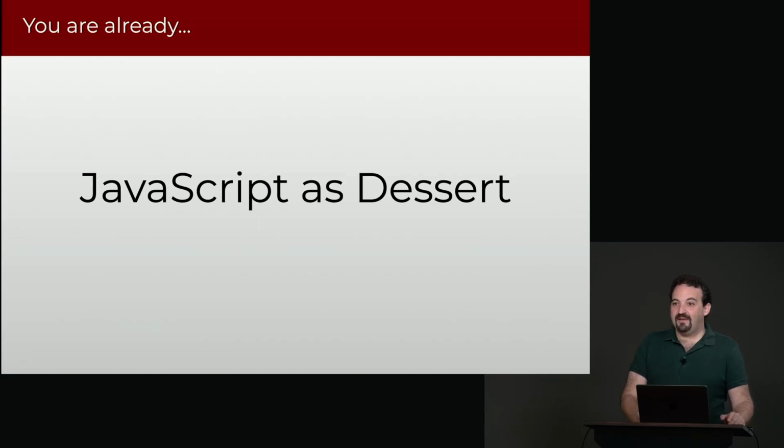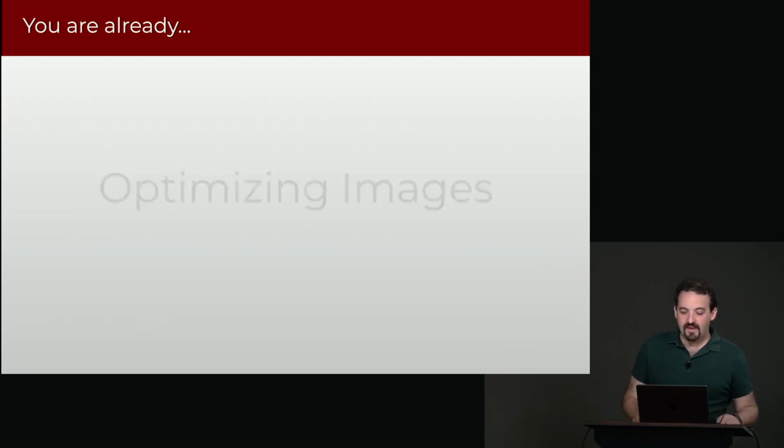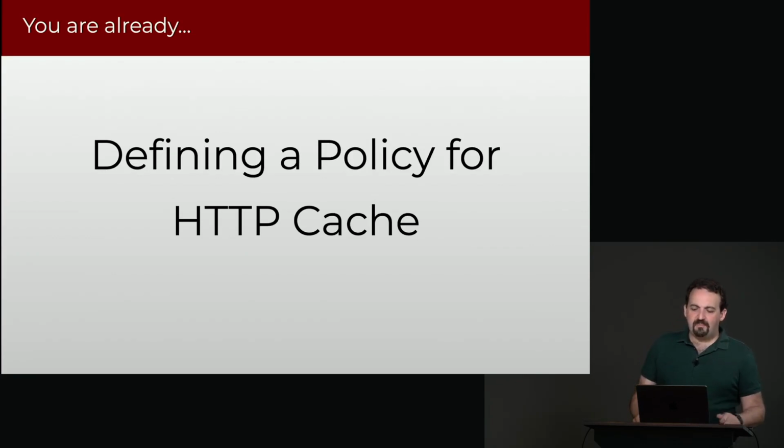So typically it should go after the main meal, and it's also typically small compared with the main meal, right? You're already optimizing images, using the right format with the right size and going through different compression tools. You're already defining a policy for HTTP cache.